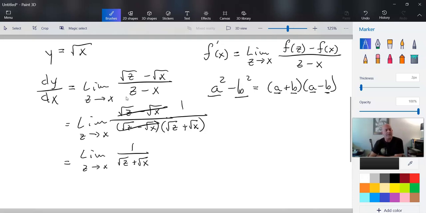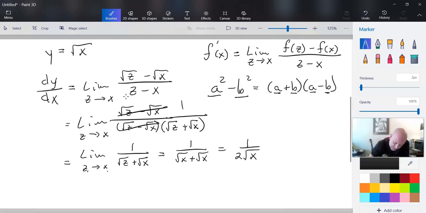Well, if z is approaching x, and I don't have any problems, this is basically the same. This would end up being 1 over the square root of x plus the square root of x, which is 1 over 2 times the square root of x. And it turns out that is the derivative. This will give you the slope at any point. And if we think about the square root, dy dx is going to be 1 over 2 times the square root.